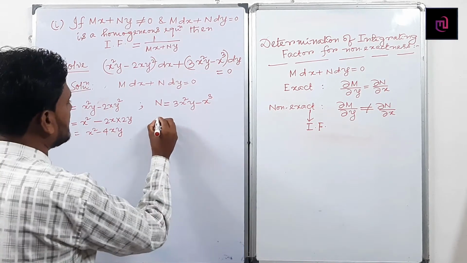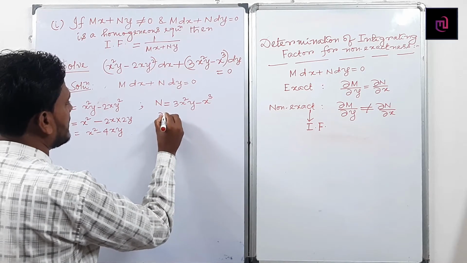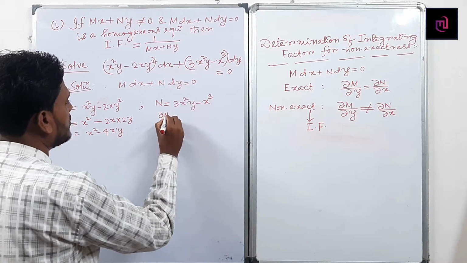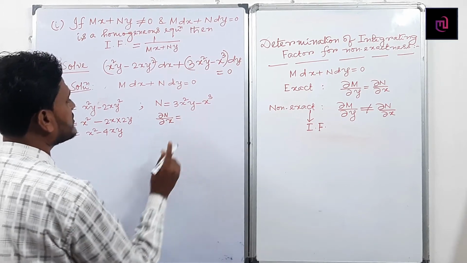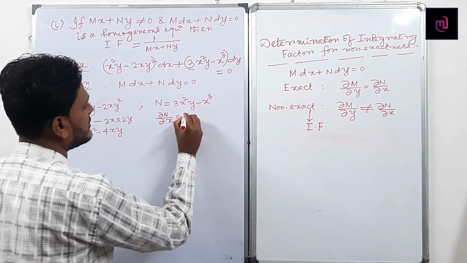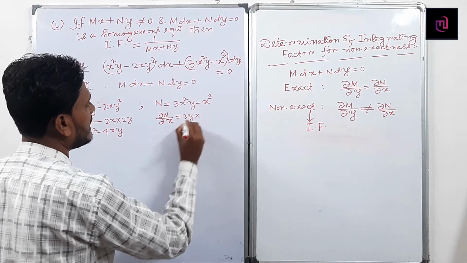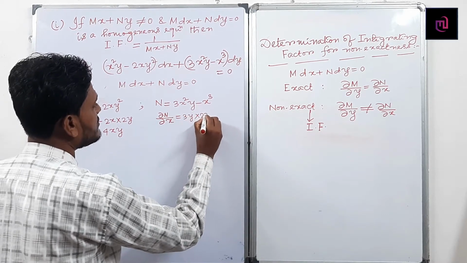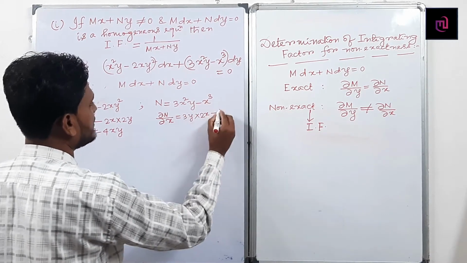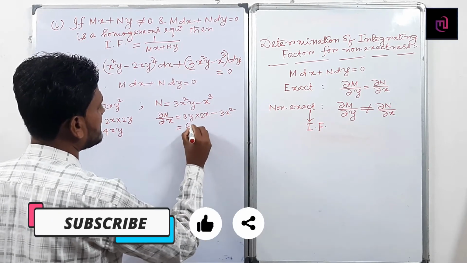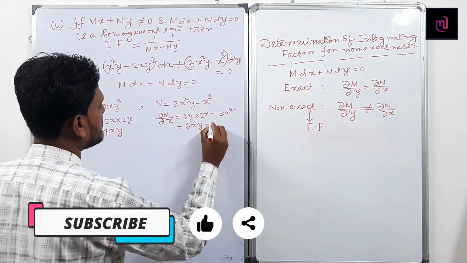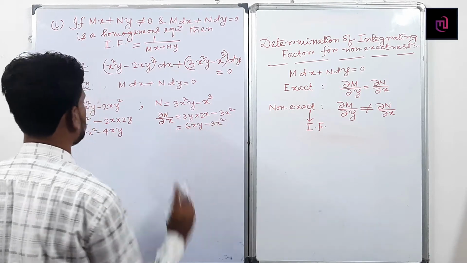If you take the partial derivative with respect to x, del N by del x, here y is constant, so 3y into del x of x square, that means 2x, minus del x of x cube, that means 3x square. So here you get 6xy minus 3x square.